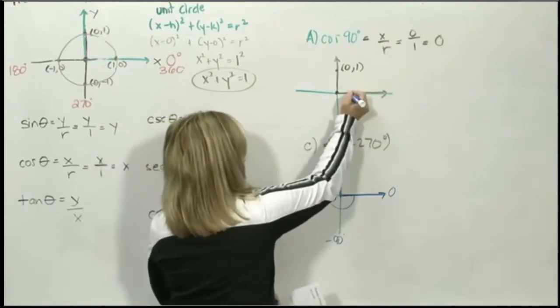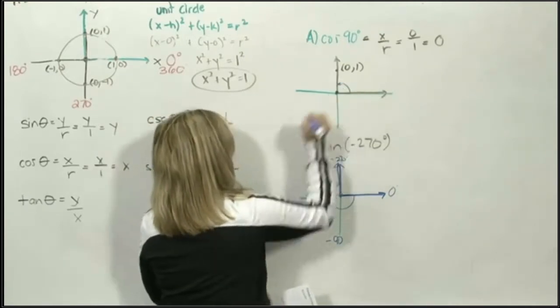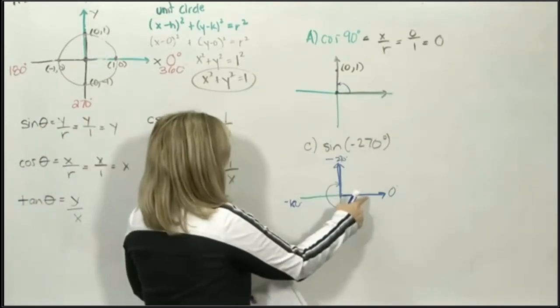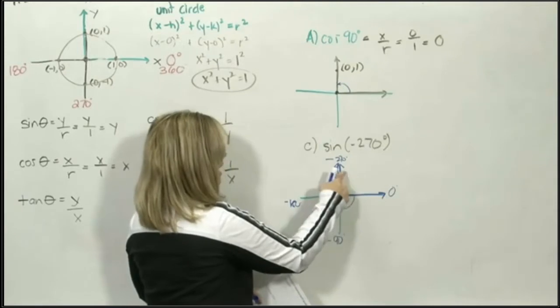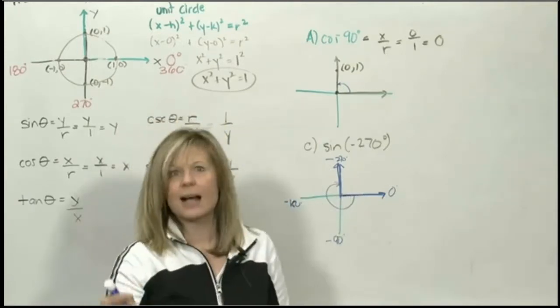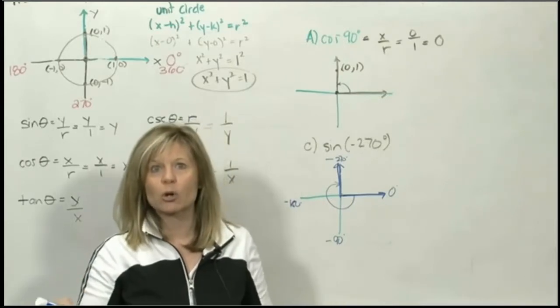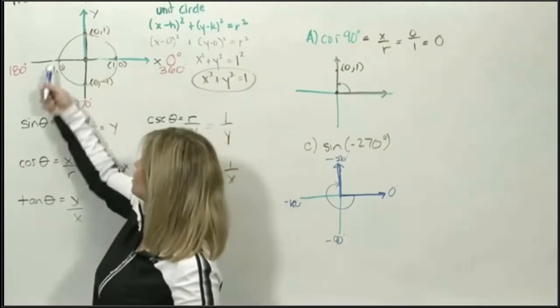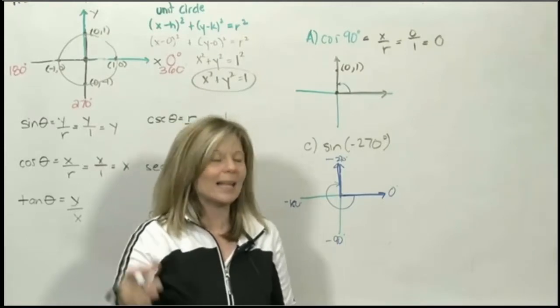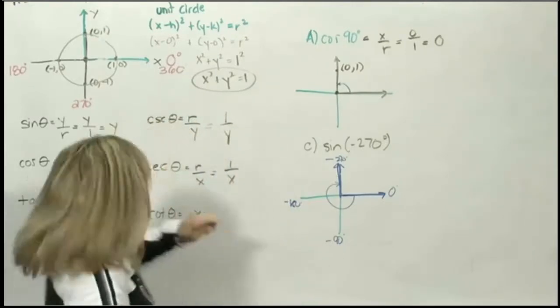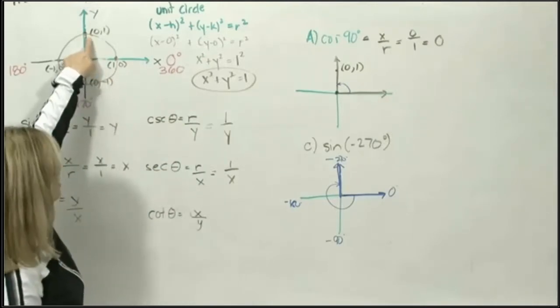Okay, on the first one, A, we were rotating counterclockwise. See the difference? All right, so again, if this is my initial ray and my terminal ray lands on another axis, I cannot draw a right triangle. So what I need to do is use my unit circle. How do I decide which coordinate to use? It's where the terminal ray lands. My terminal ray is landing on the positive y-axis, so I go up here to the positive y-axis.